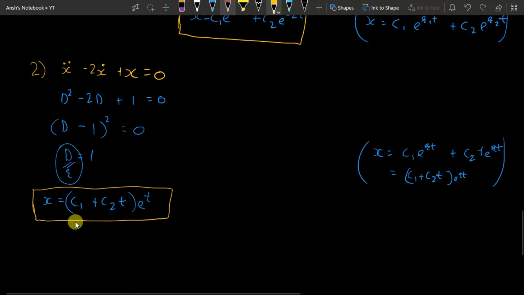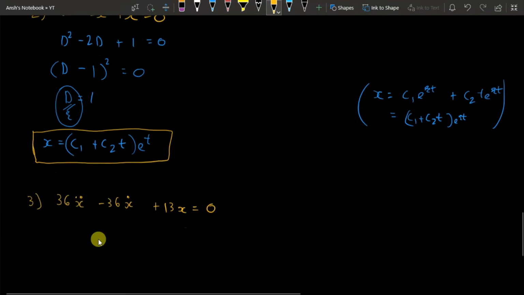Now let's do an example for the third kind of solutions where the roots are imaginary, excuse me, and complex conjugates. So for the third example, we have 36x double dot minus 36x dot plus 13x is equal to 0. So this is our differential equation.